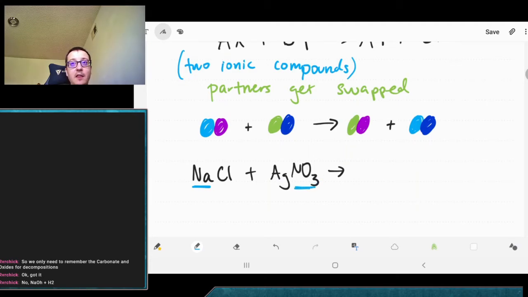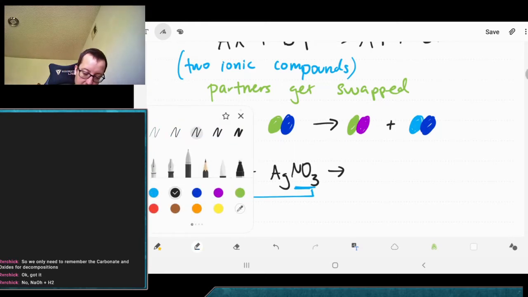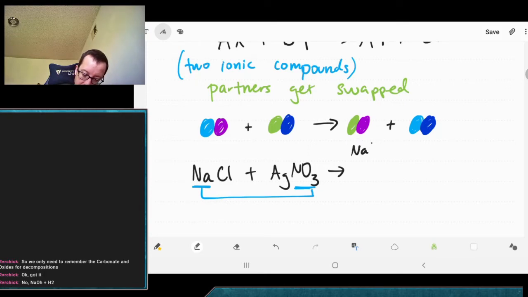It's going to see the other partner, and you're going to form a new compound between those two. And that compound will end up being, well, let's just double check. We have sodium, which is a +1 ion. We have nitrate, which is a -1 ion. Putting those together, we get sodium nitrate.